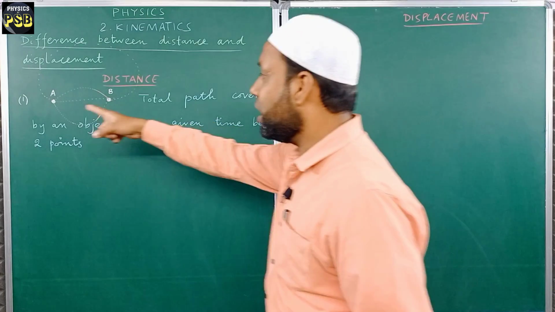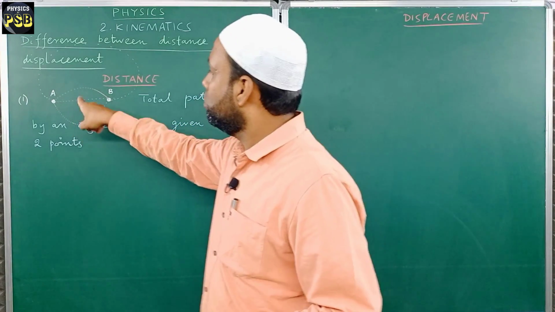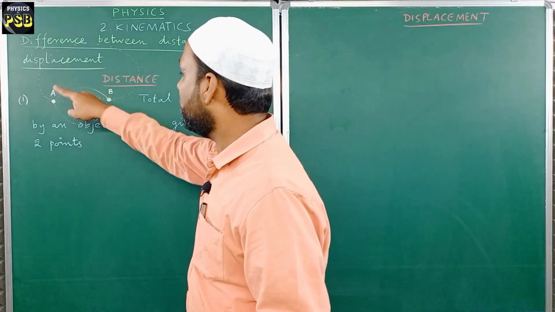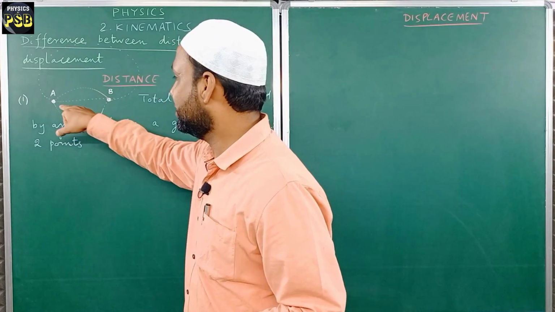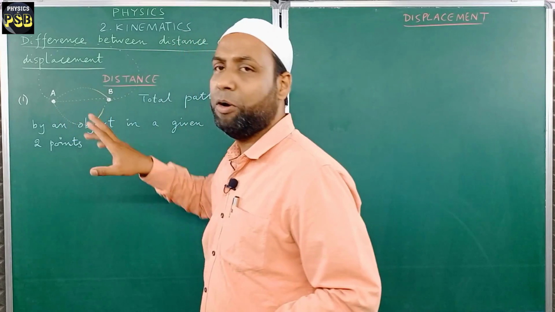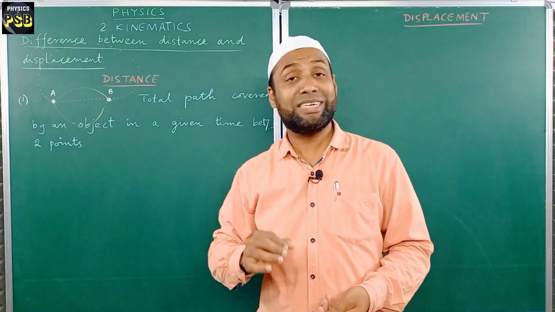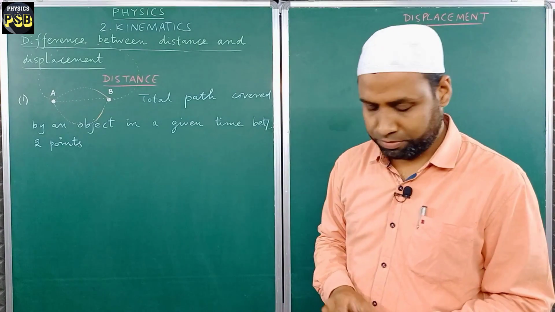Now, if you take this example, to reach B from A, one can choose any one of these paths. But among them, the shortest path is this straight line between A and B. This shortest path or shortest distance is referred as displacement.